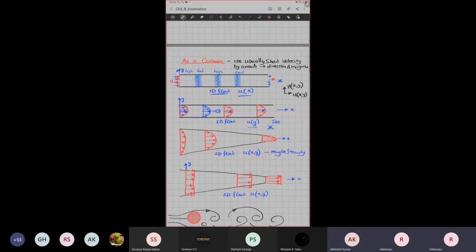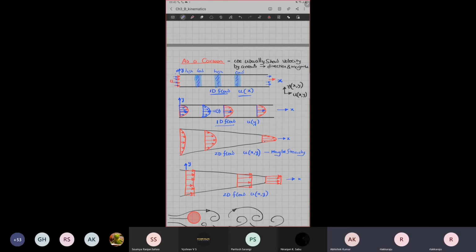Whether you measure at this location, this location, this location, or this location, u is only a function of y, but not of x. That kind of flow is also one-dimensional flow. Is this example clear? Hello. Yes, sir. Yes. Wonderful.